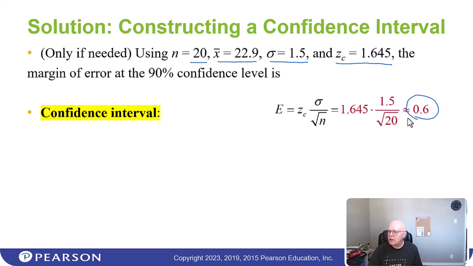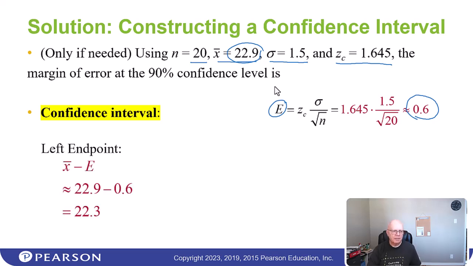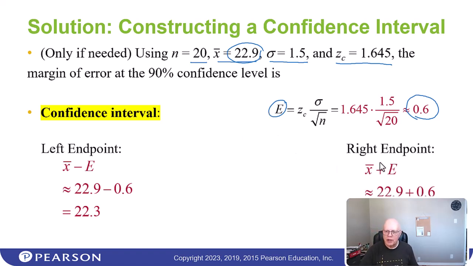And that will be in the same units. So we'll add this E value of 0.6 to the 22.9. We'll subtract it from the 22.9. There's our left hand point when we subtract, the right hand point when we add. There is our interval.